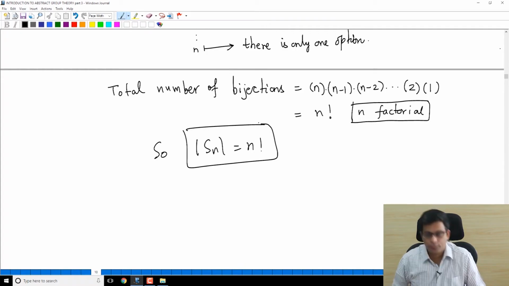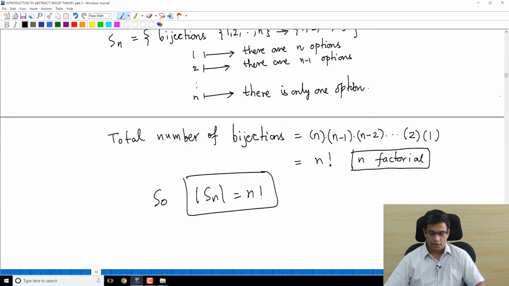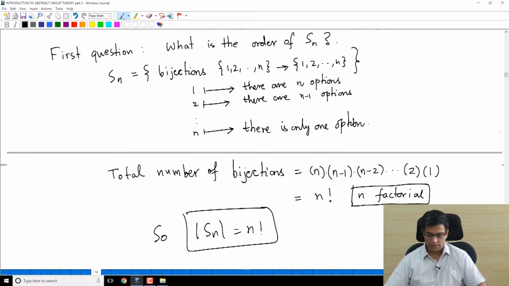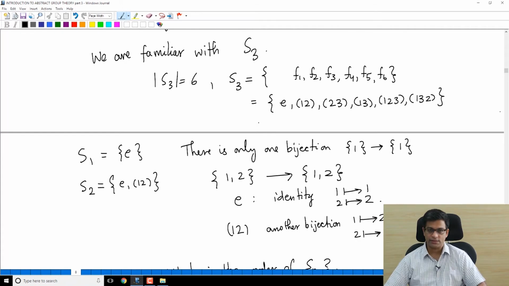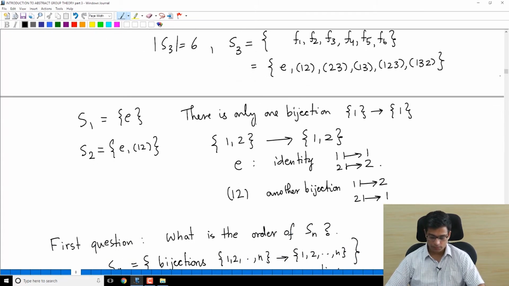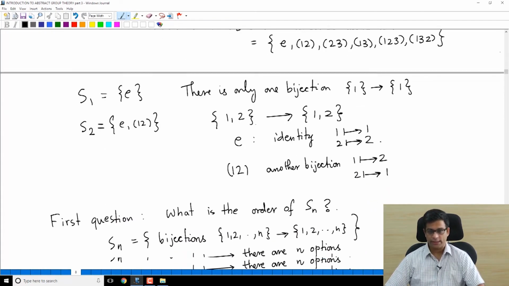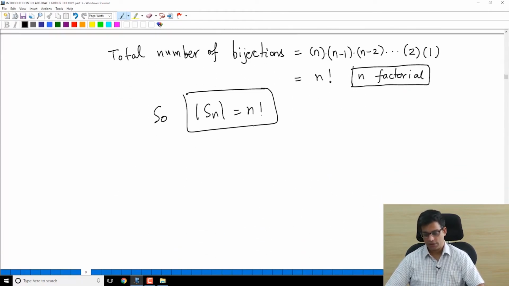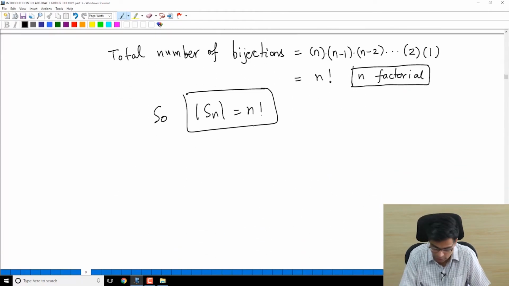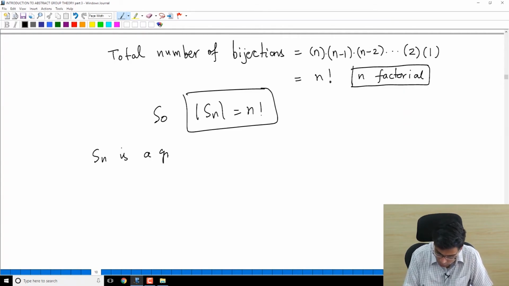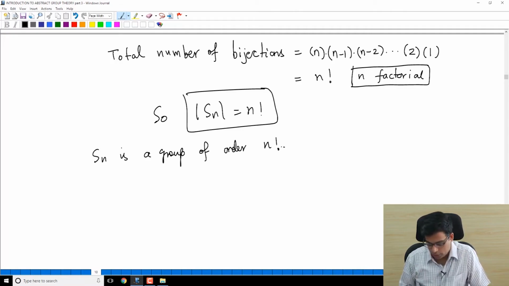So this is the first important property of Sn. Sn is a group of order n factorial, and we can check that this works in cases 1, 2 and 3. S1 should be 1 factorial, which is 1, and that's correct. S2 should be 2 factorial, which is 2, which is also correct. S3 must have order 3 factorial, which is 6, which is correct. So Sn is a group of order n factorial.